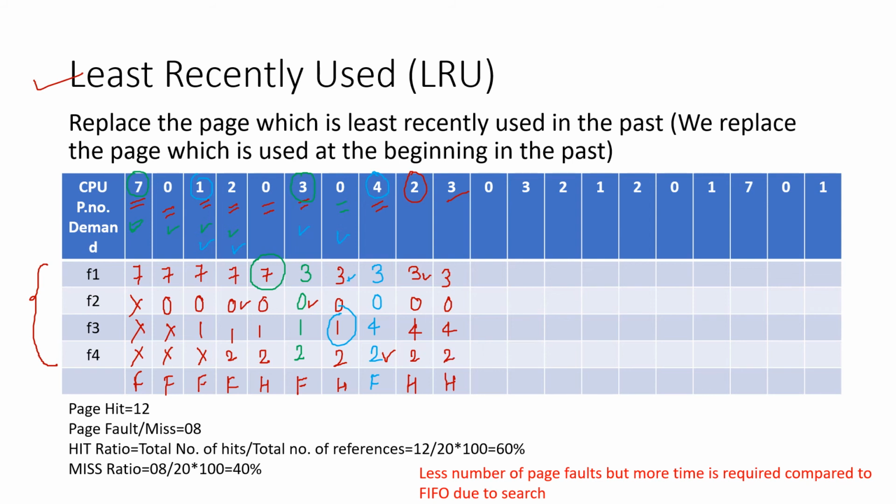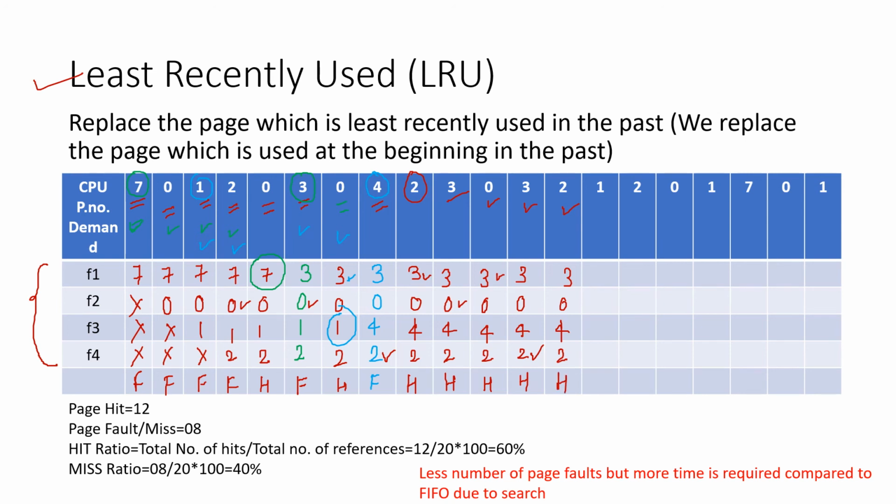Next is 0. 0 is already there. So hit, 3, 0, 4, 2. Next page 3, it is already there, again a hit. So write 3, 0, 4, 2. Next page is 2, it is already there. So again it's a hit.